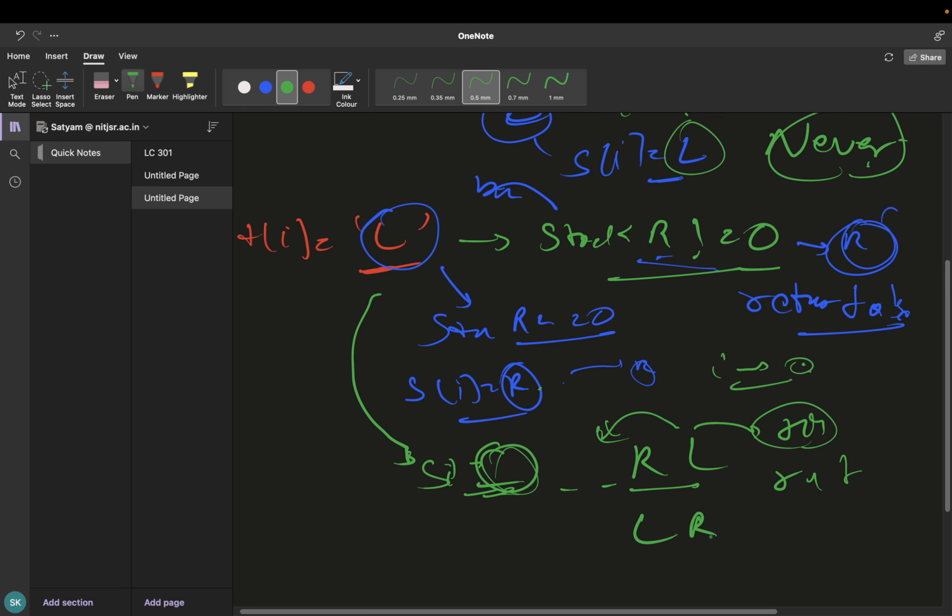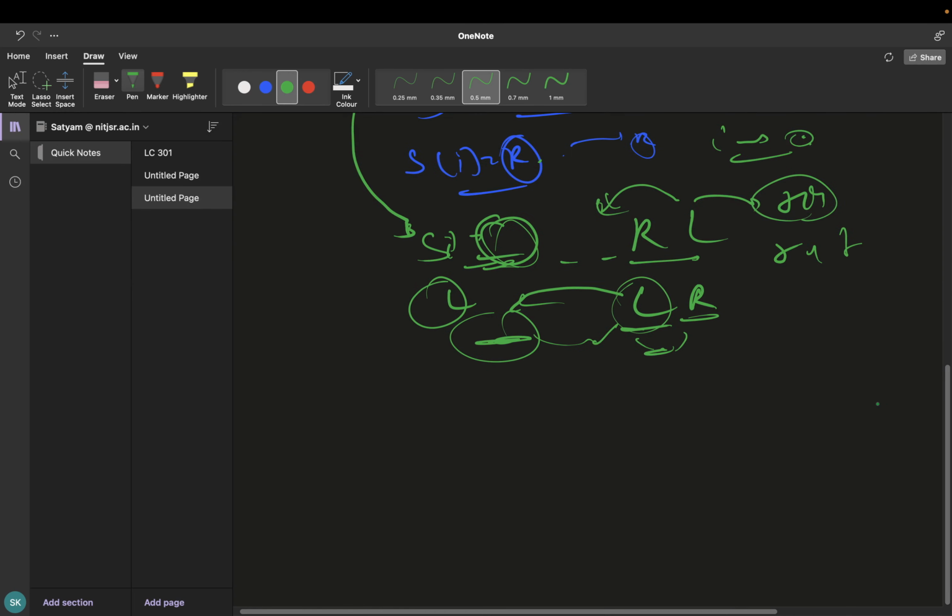And if this case is just L and R, then simply we can move L to this side and swap this position. Then this will be L and this will be dash in the new string. Therefore, here also this case will continue.